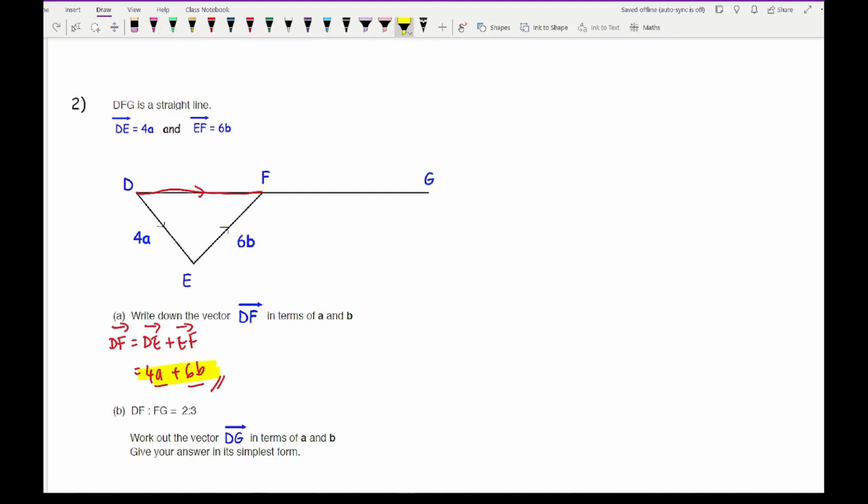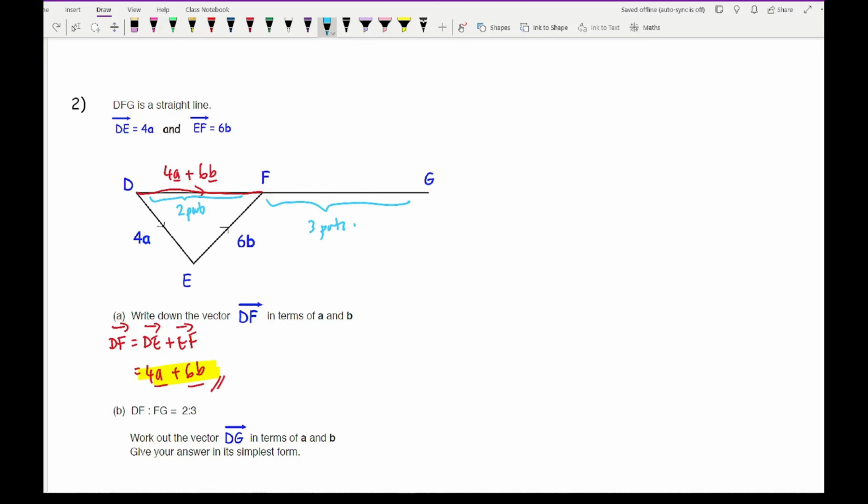Now part B says D to F to G is in the ratio of 2 to 3. So let me just label what this is. What I've worked out is that this is 4A plus 6B, and that represents 2 parts. So all of this bit here represents 2 parts, and this bit here represents 3 parts. Work out the vector of D to G in terms of A and B, giving your answer in its simplest form.